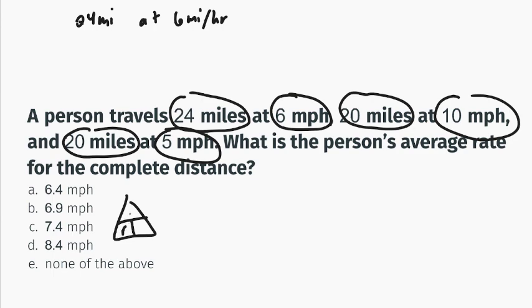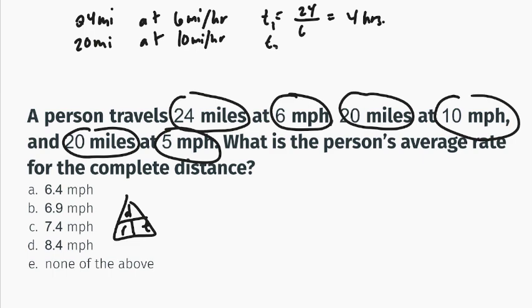So we have the rate here, distance, and time. So if we're looking for the time, then it's equal to distance divided by the rate. So the time here is distance 24 divided by the rate 6. So we have 4 hours. Next, 20 miles at 10 miles per hour.